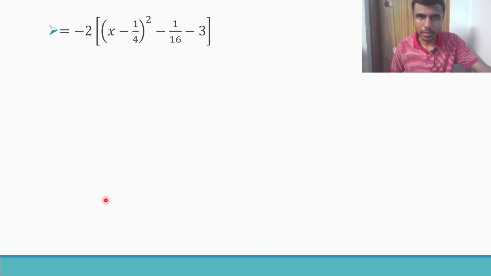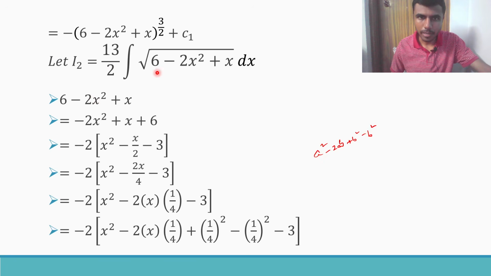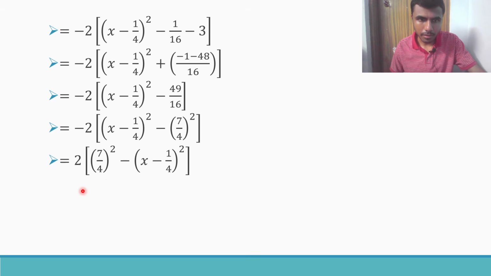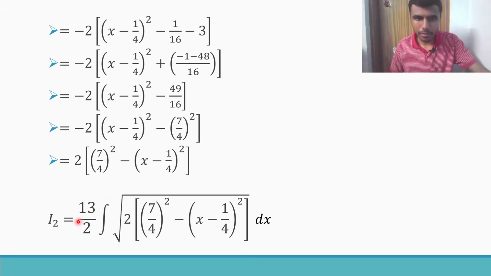If you guys remember, this is my integral. This 6 minus 2x square plus x, I wrote it as this. So my integral will be nothing but this, 13 by 2 under root, and in place of what was there in the root I got this.